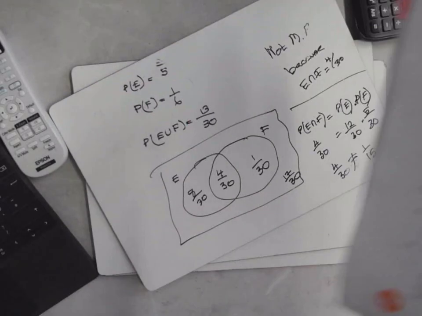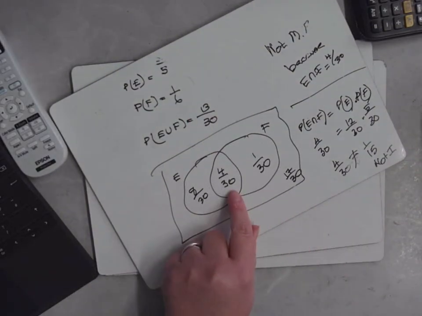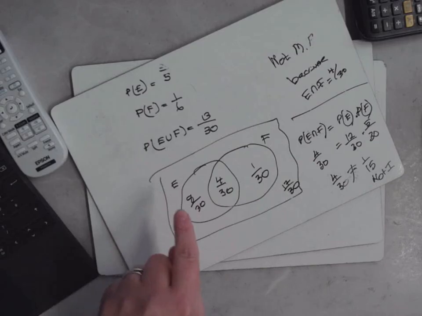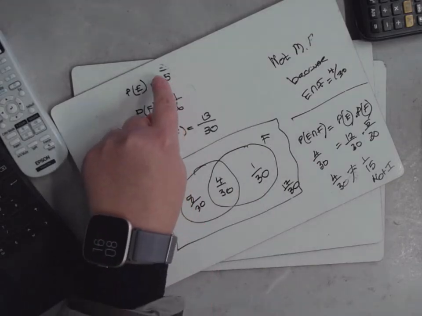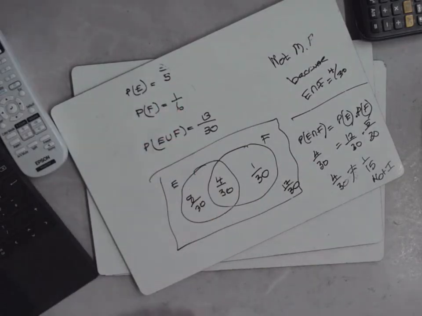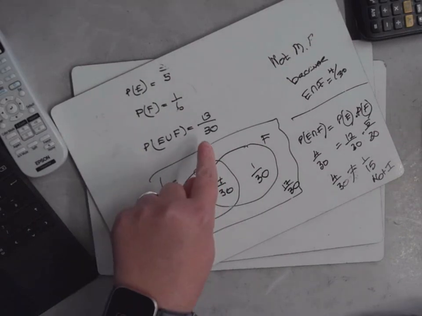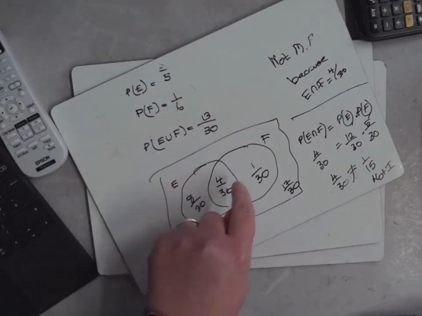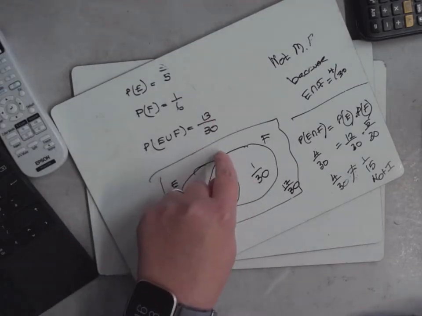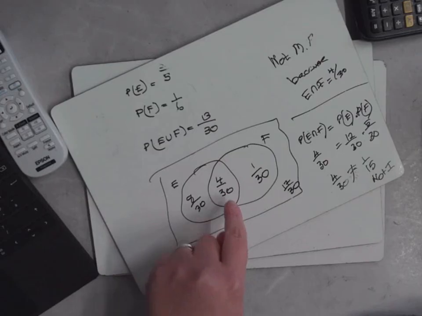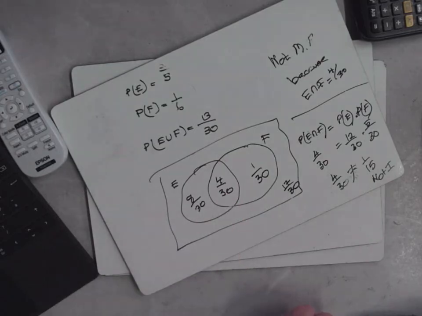How do I get 4/30ths for the intersection in there? Right, when you add 2/5 and 1/6, you get 17/30, right? But it says in these three sections you can only have 13/30. So I have 4/30 too much, so that must be in the overlapping bit.